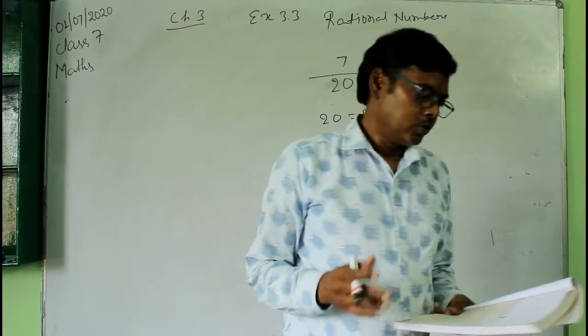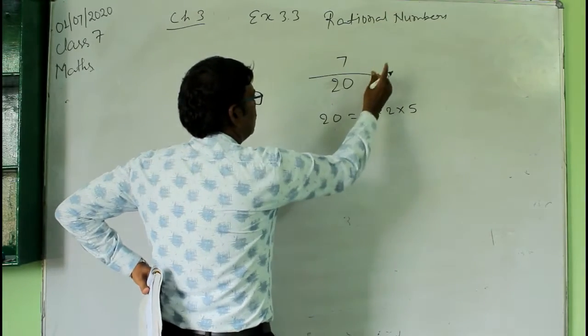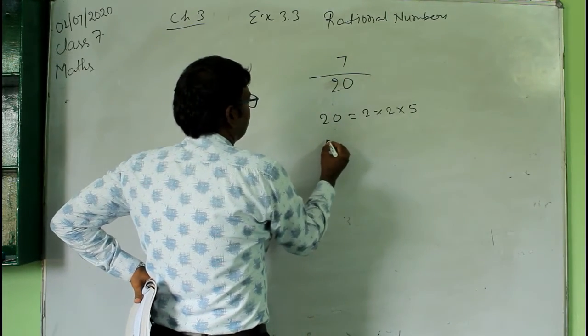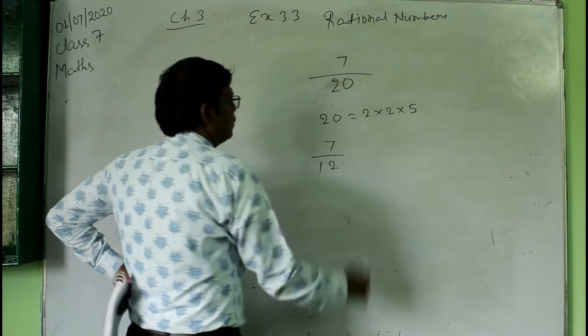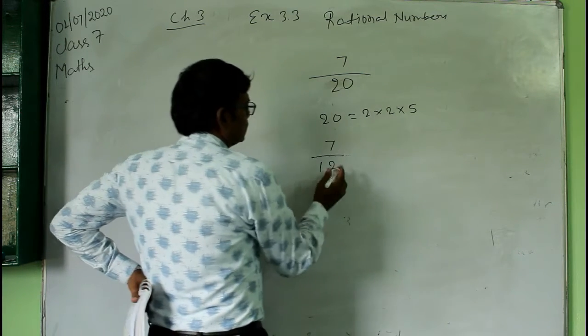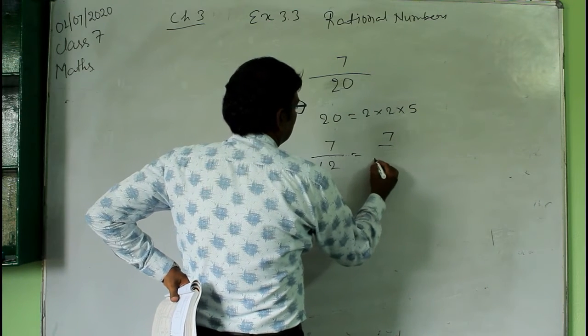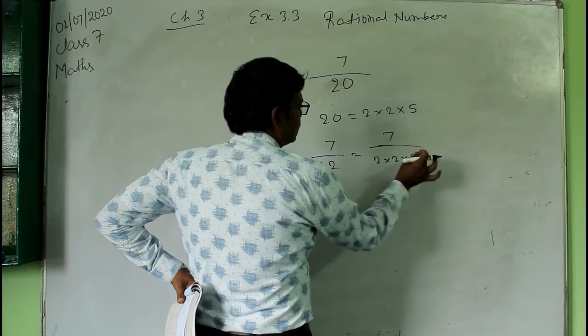Okay. So for example, see that 7/20 will be a terminating decimal. Okay, and the other example is, suppose you have 7/12. Now this will not be terminating, because if you factorize 12, you will get 2 into 2 into 3. So here 2 is there, but 3 is also there.